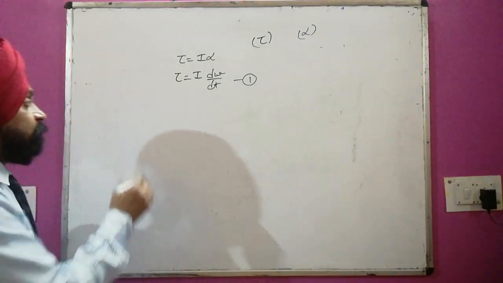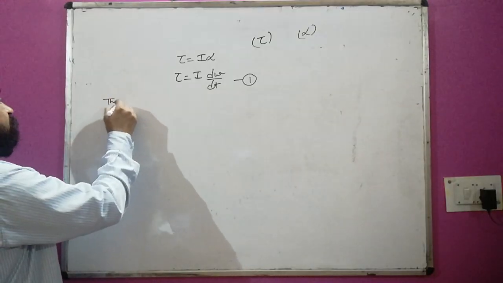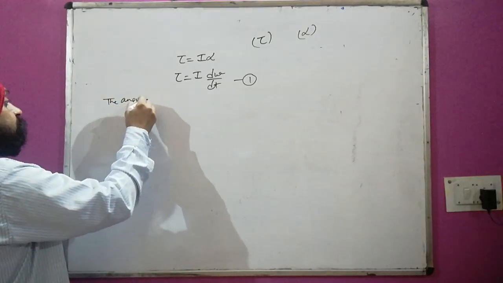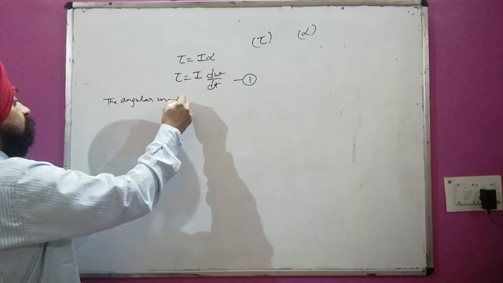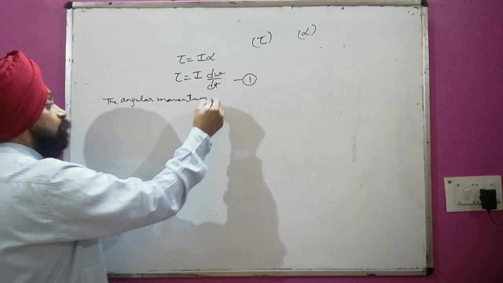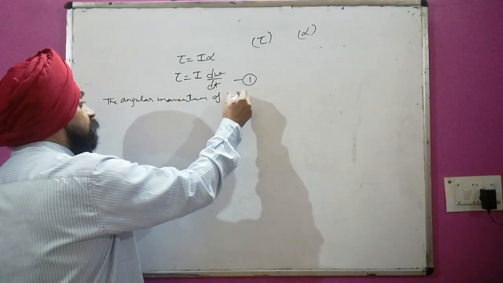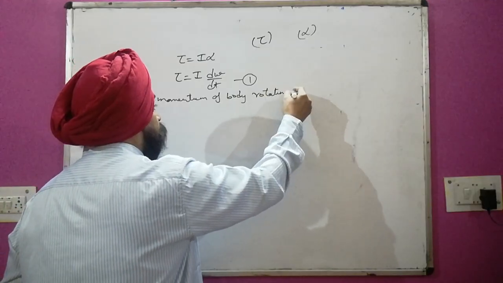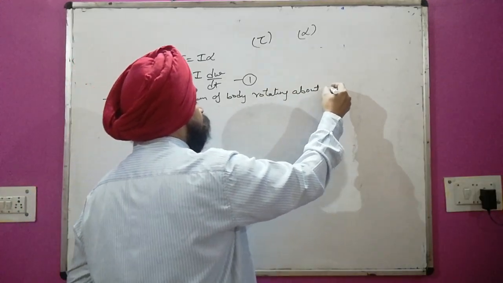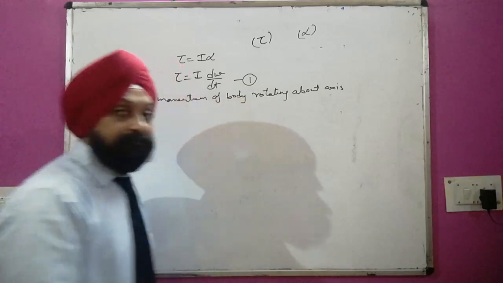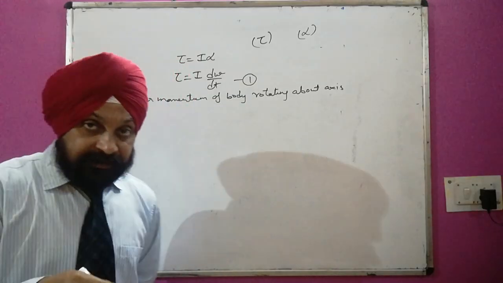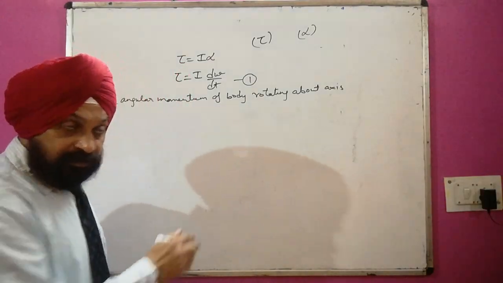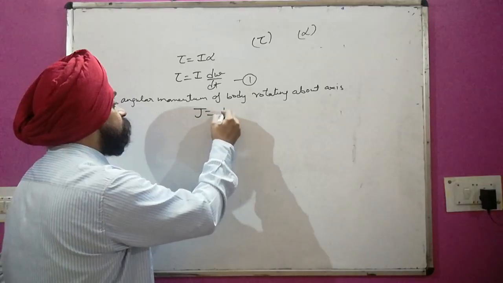Okay, next line. The angular momentum of a body rotating about an axis: the relation that we derived just now, J equal to I omega.